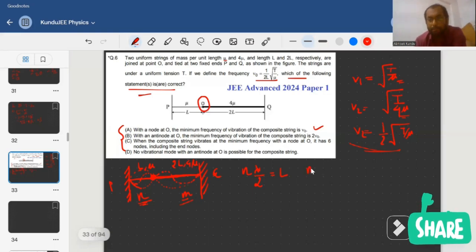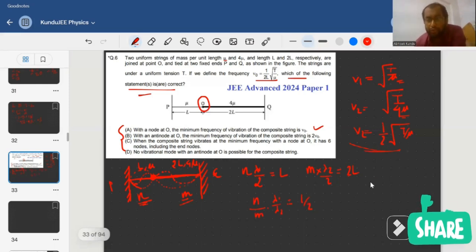So m into lambda 2 by 2 is equal to 2L. As the velocity is different in both the strings, the wavelength will also be different. So for the left hand string it is lambda 1, for the right hand string it is lambda 2. Now we can divide: n by m into lambda 1 by lambda 2 is equal to L by 2L, that is equal to half.